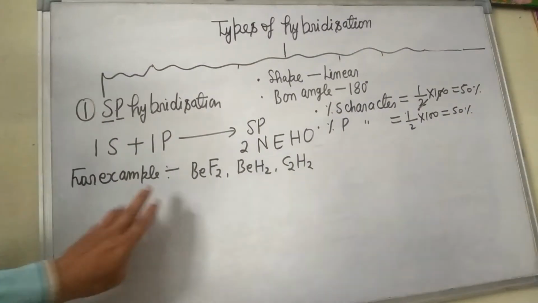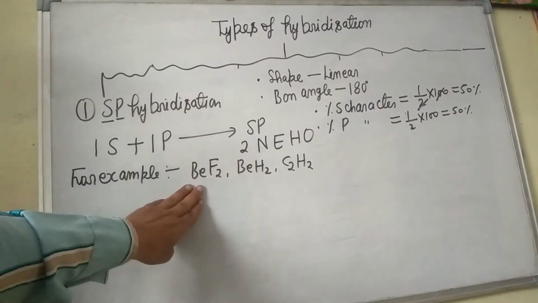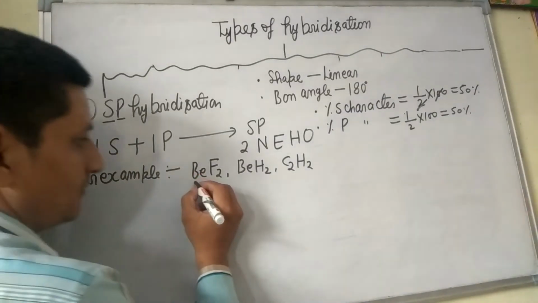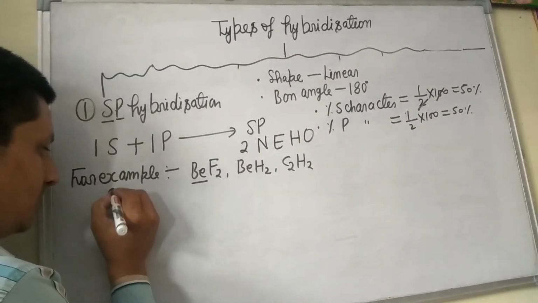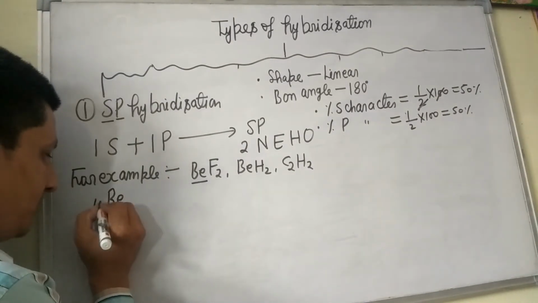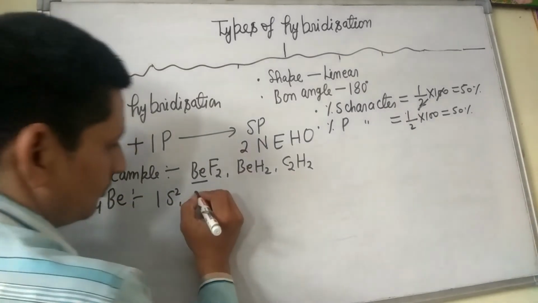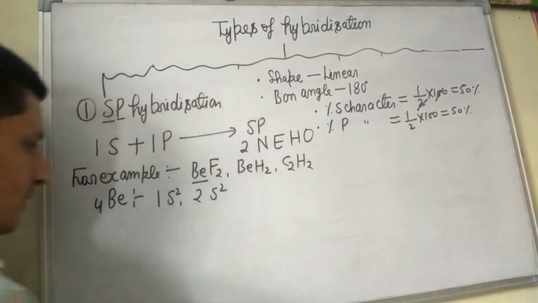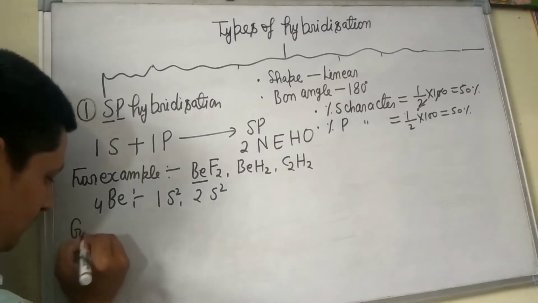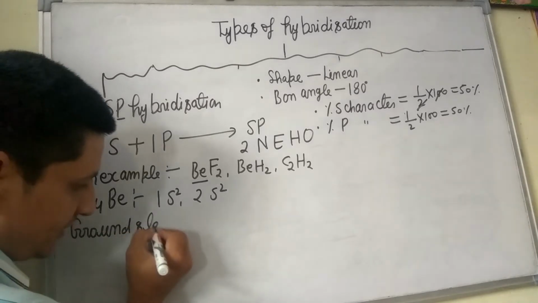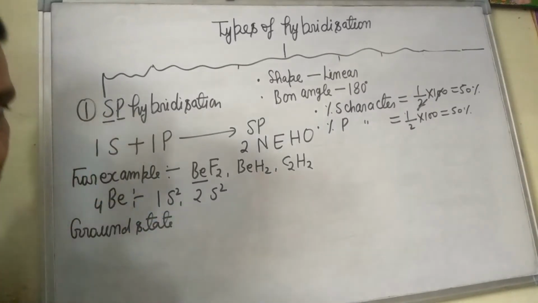Now I am telling you BeF2 has sp hybridization. How? First we have to write the electronic configuration of beryllium: 1s2, 2s2. Now in ground state, what is ground state? Lowest energy state is called ground state.